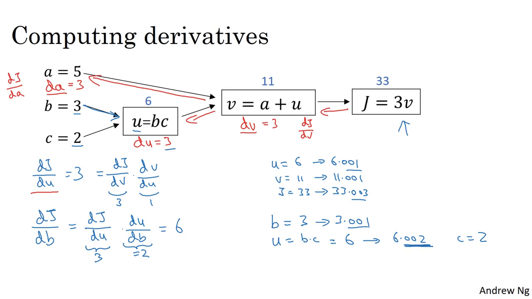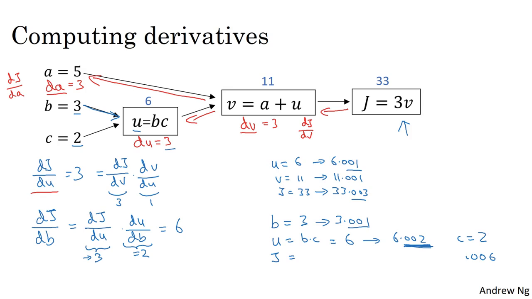The fact that dj du is equal to 3 tells us that when u goes up by 0.002, j goes up 3 times as much. So j should go up by 0.006. That comes from the fact that dj du is equal to 3.